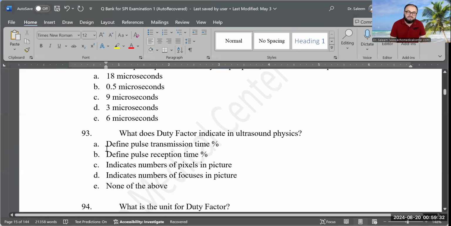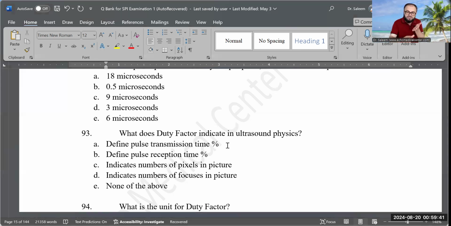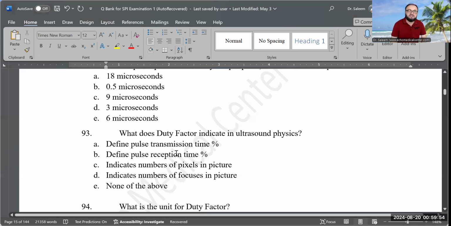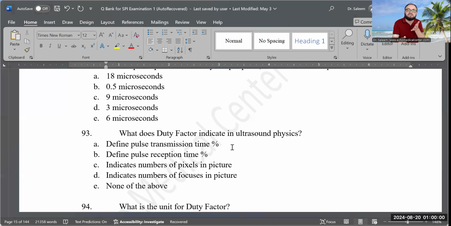It will define the pulse transmission time in a percentage, because we have two phases of the sound. One, the sound goes inside the tissue, so that's the transmission phase, and the other one is reception. It's coming back, the reflection. So we are looking at how much time the machine spends on sending the pulse, and how much time it takes to listen.